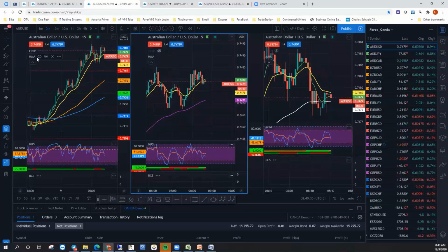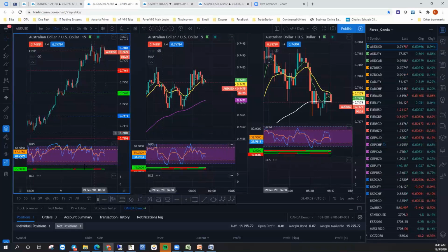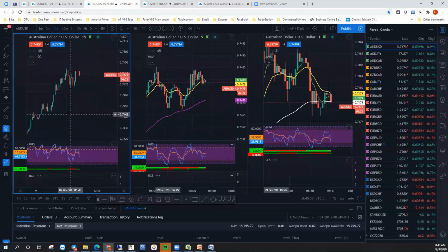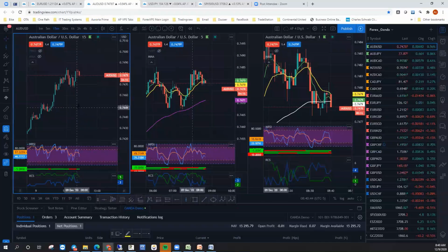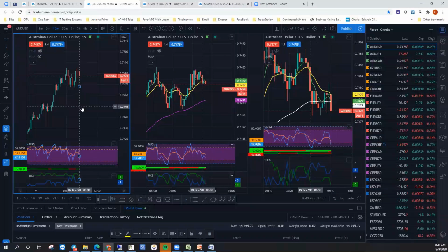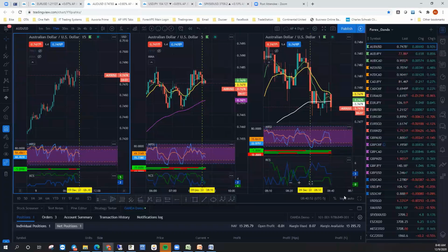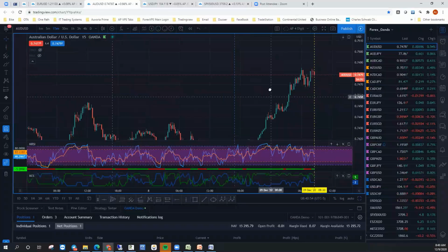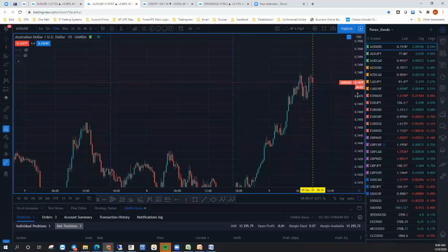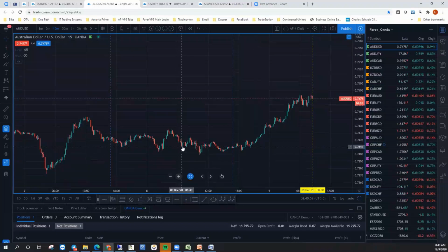And we're going to take everything off the chart, take our fib lines off, and we're going to see it was a descending wedge. And that was at 8:30. Let's blow this up and see what it looks like from the higher time frame perspective, and see what it did over the week so far.